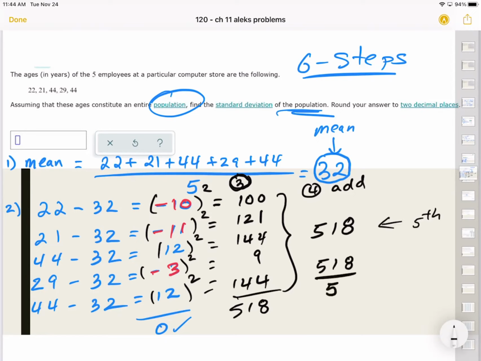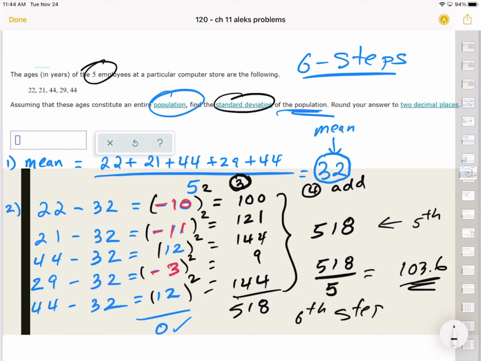And in this case, what is n? N is equal to 5. We have 5 employees. If you take this and divide by n, you get 103.6. We are not done, ladies and gentlemen, because to find the standard deviation, you need to take a square root, which is the sixth step.